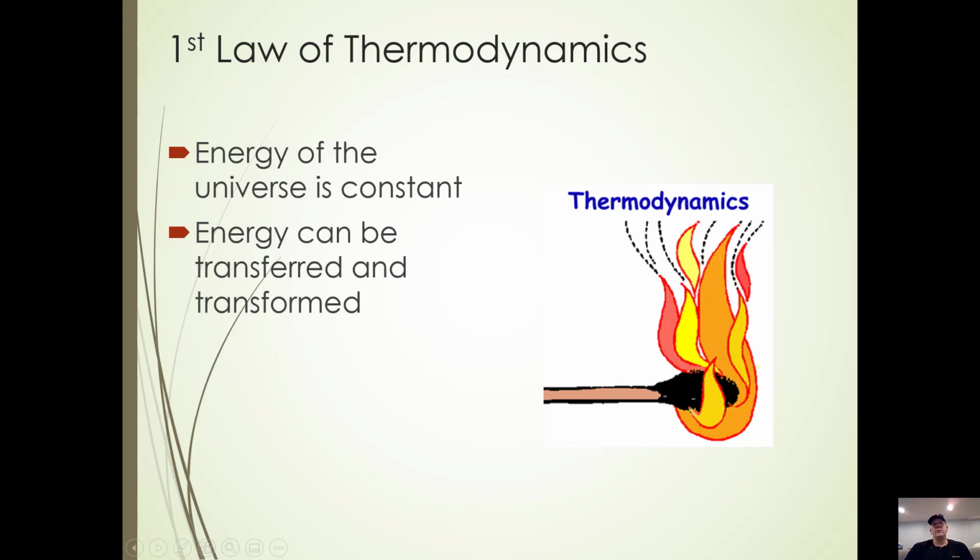In this little picture, somebody struck a match and lit it on fire, so the potential energy in the match got transformed into kinetic energy and heat energy. Heat would be a type of kinetic energy. And then the heat energy is transferred from the match into the surrounding air.